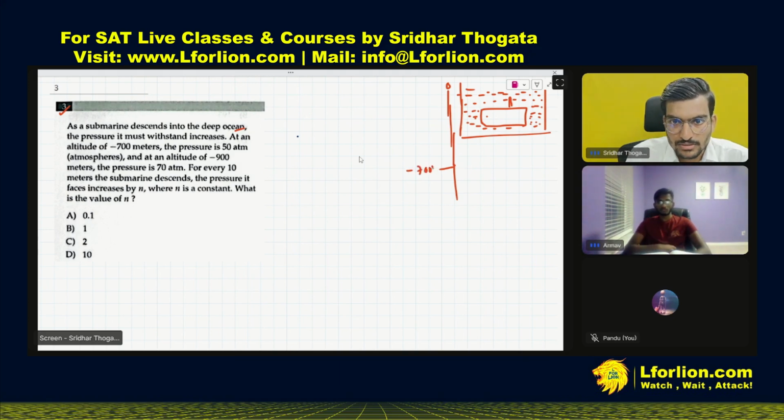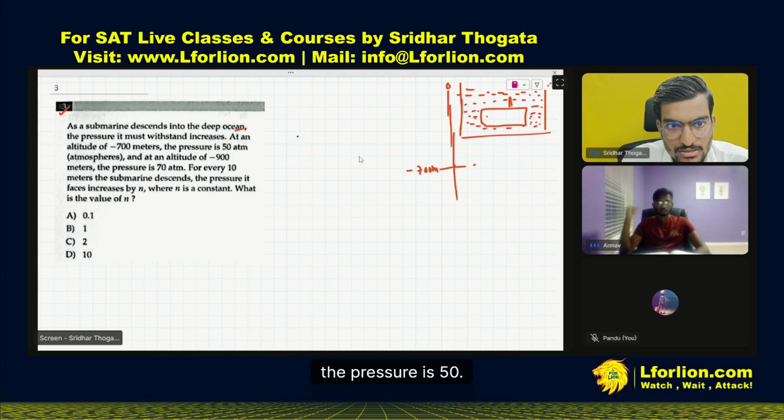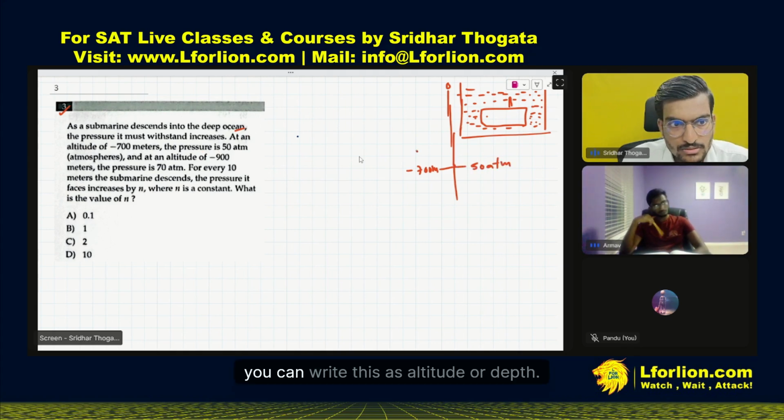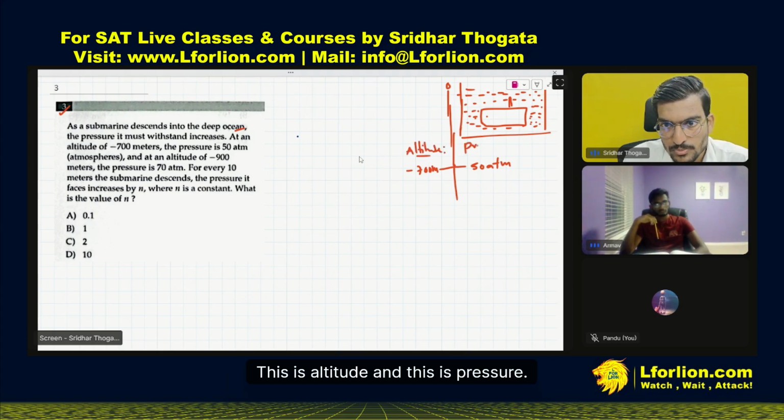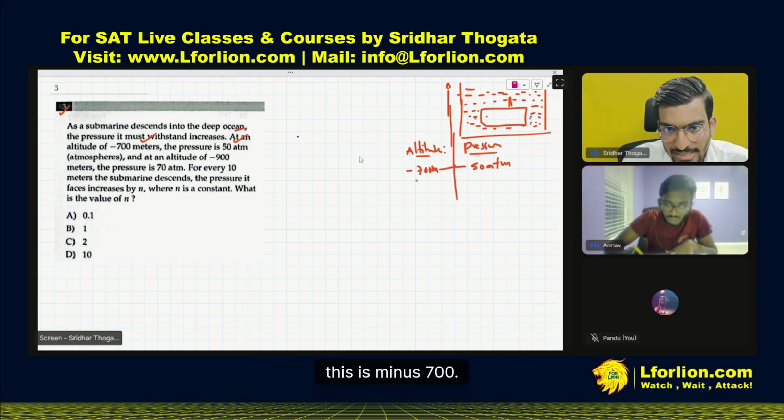At an altitude of minus 700 meters, the pressure is 50 atmospheres. You can write this as altitude or depth. This is altitude and this is pressure. At an altitude of minus 900 meters, what is the pressure? 70 atmospheres.